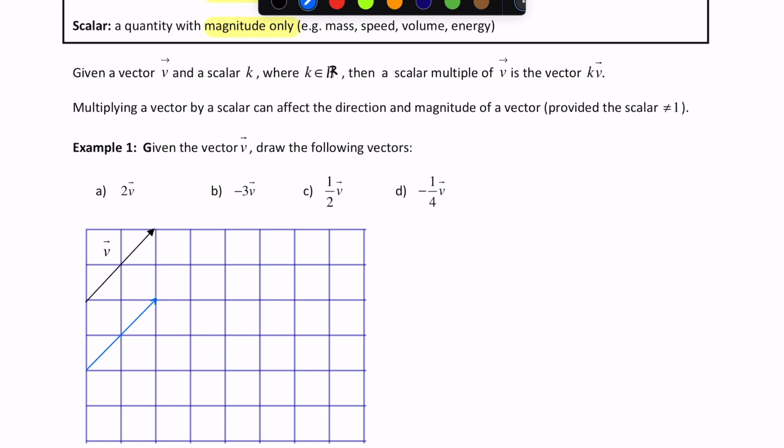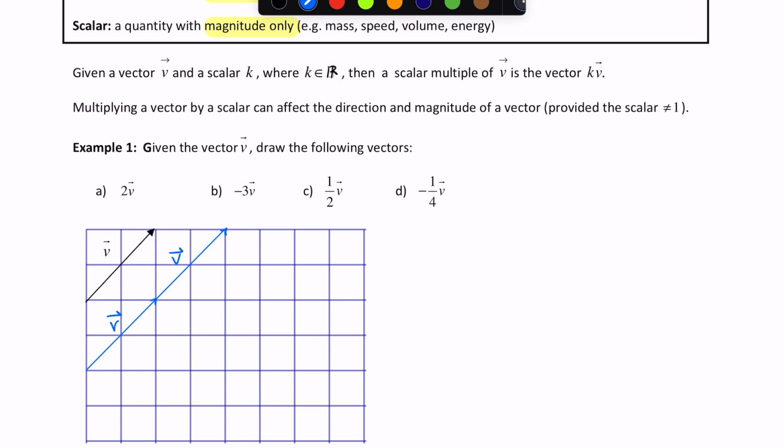So 1, 2. That would be 2 vector v, and the direction is the same, as we see.